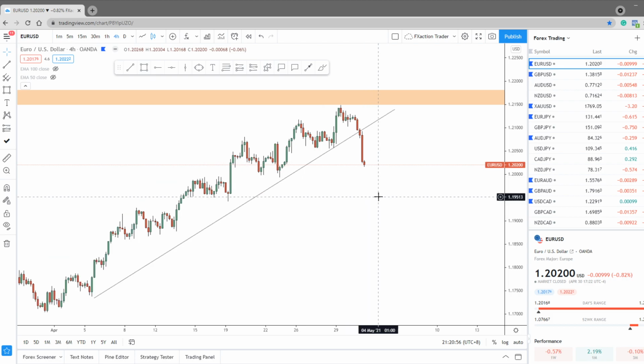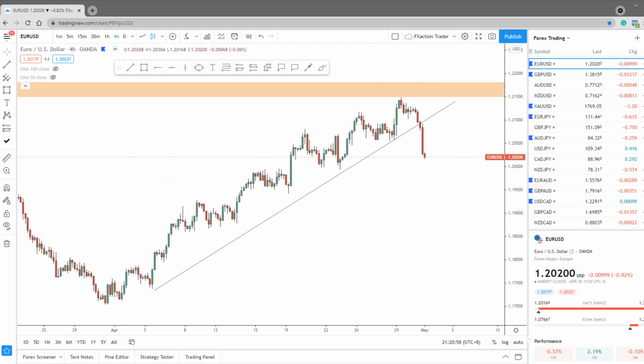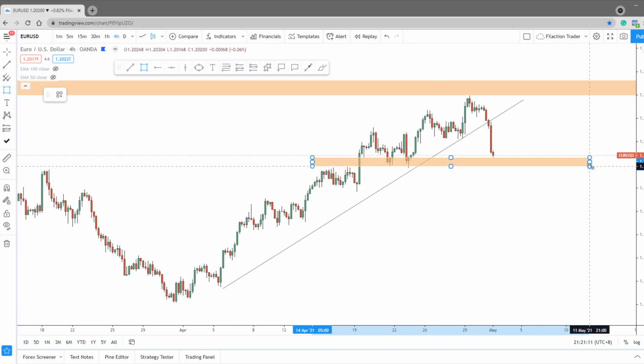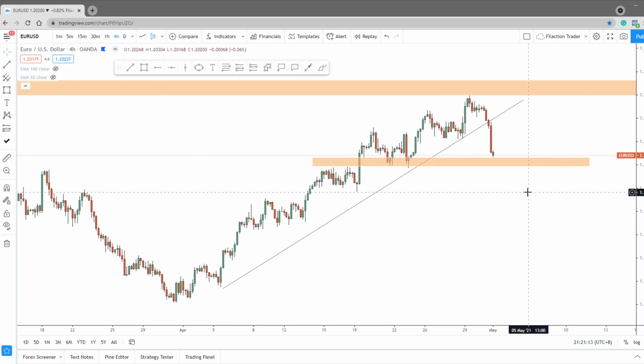So in order to trade this, we will need to identify the key level on our H4 before we place any trades. On H4, we can again see that this is a support zone, and we are not advised to place a sell trade on a support zone.